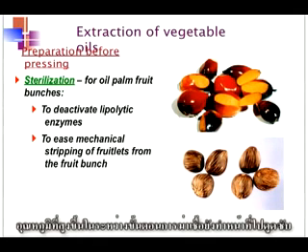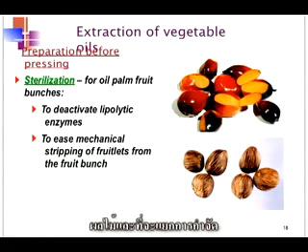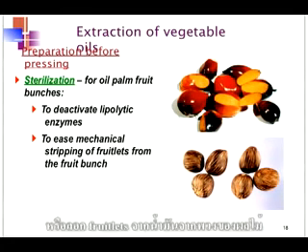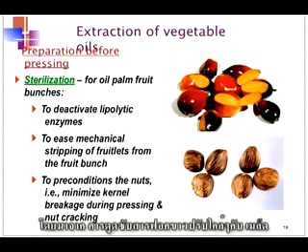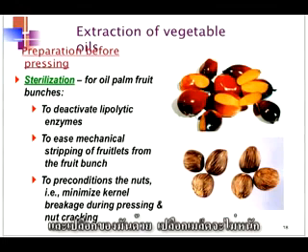The high temperature during the sterilization process also serves to soften the fruit and to facilitate the removal, or stripping, of the fruitlets from the fruit bunch. Also, the high temperature will soften or precondition the kernel, so that the kernel shell is not too hard.